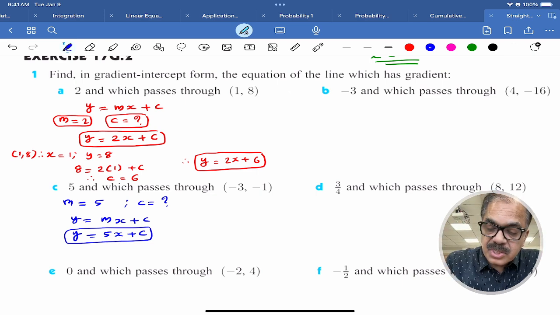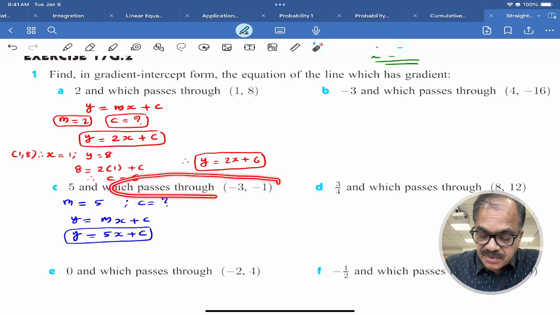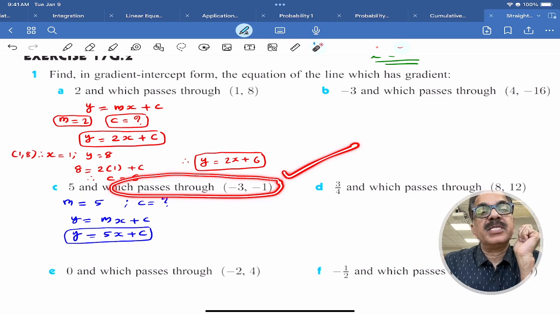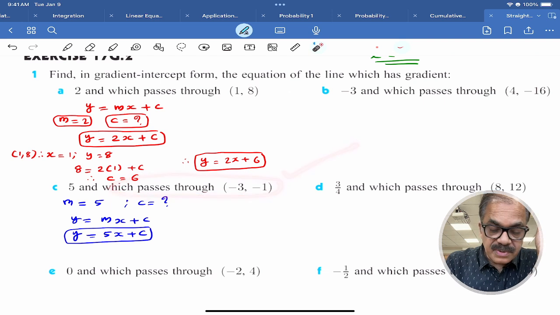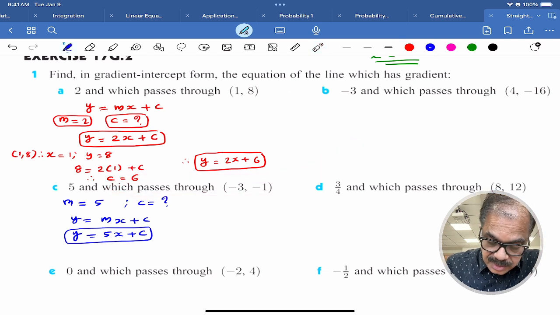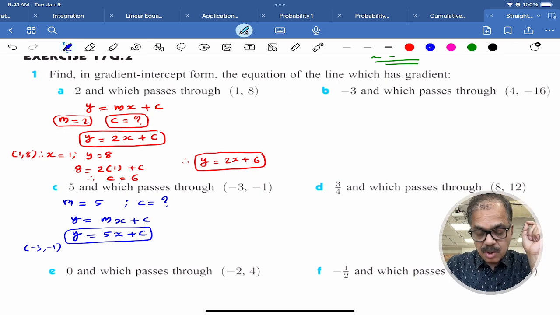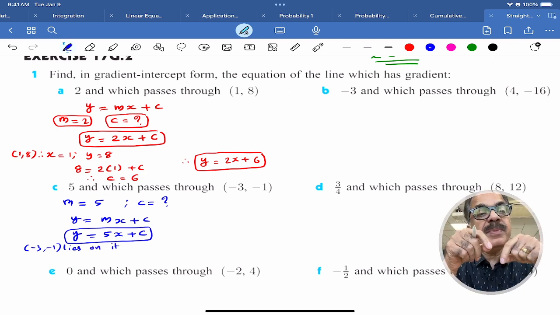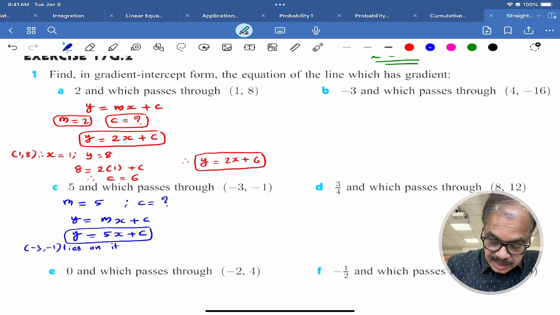To find this c, they give you another piece of information: this line passes through the point (-3, -1). So I will say the point (-3, -1) lies on this line, which means its x value is -3.